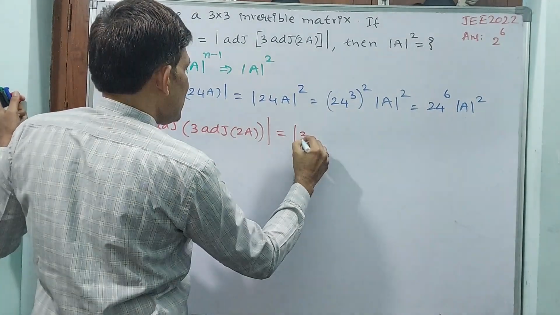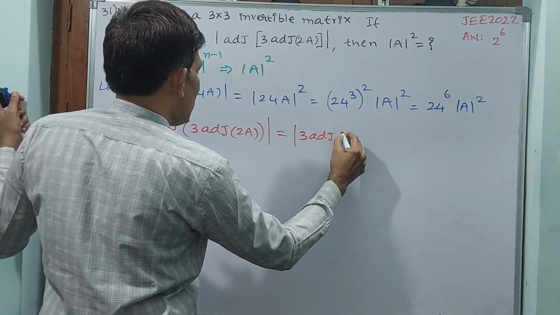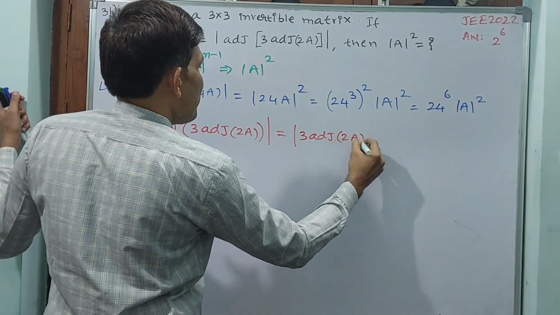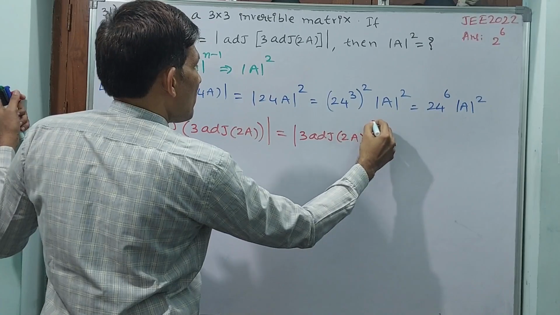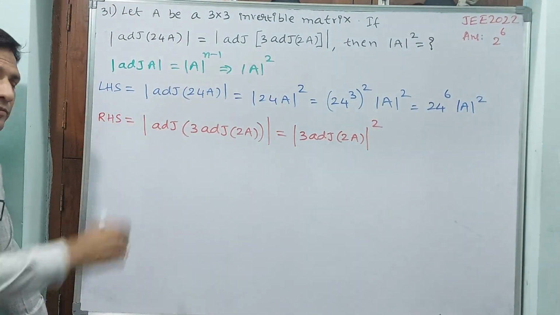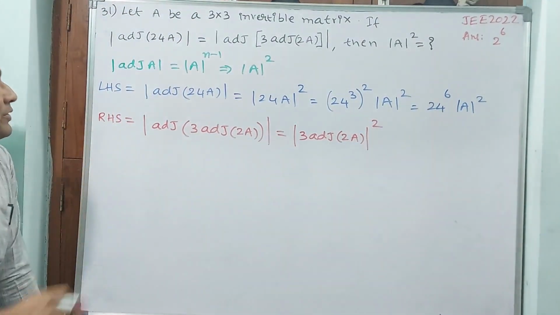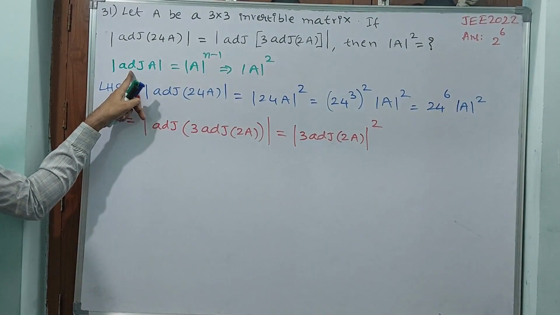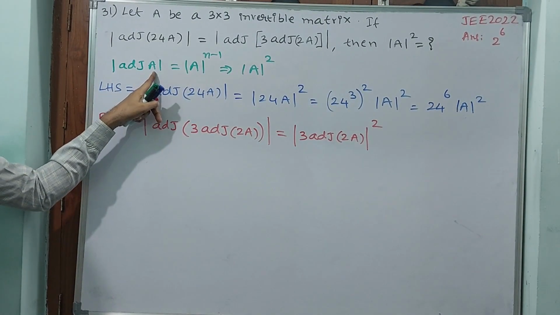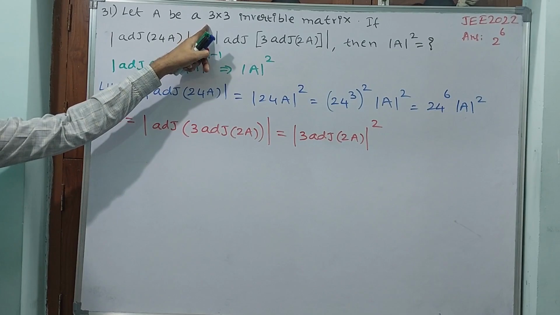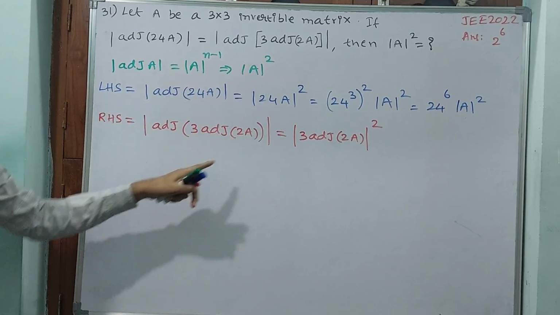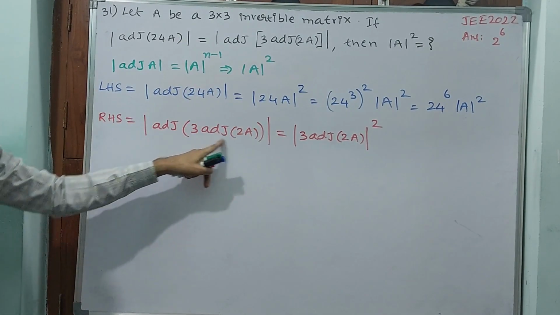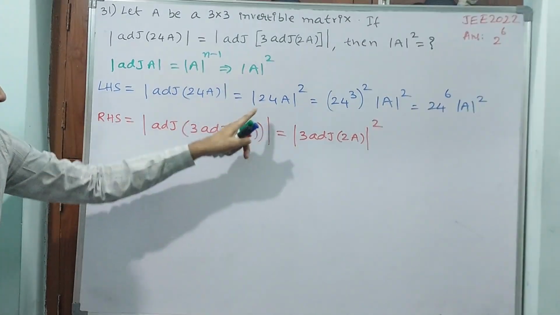Determinant of 3 times adjoint of 2A, whole to the power of square. Is it correct? First you see what I have written. Why? Because one adjoint you have to remove, determinant A square, because we are dealing with a 3 by 3 matrix. That is why we are keeping square. One adjoint I have removed, remaining all I have written, determinant I have put, and square I have written.